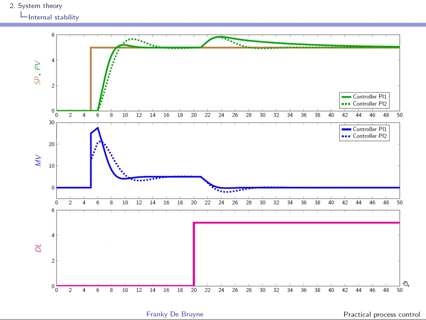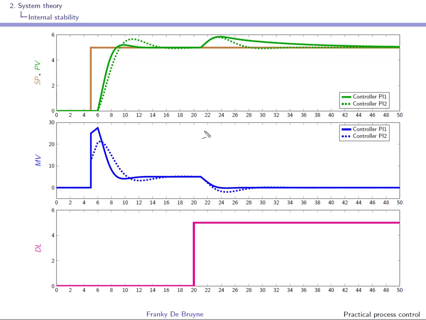So if you do a simulation, you will obtain something like this. So here in brown, the set point, in green PV, MV here, the manipulated value in blue. You should always look also at the manipulated value, and here we have the load disturbance, right? In full line you have the responses with the first PI controller, and in dotted lines the response with the second controller.